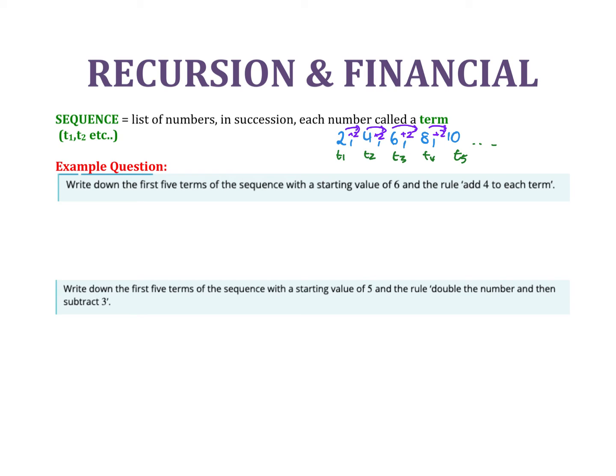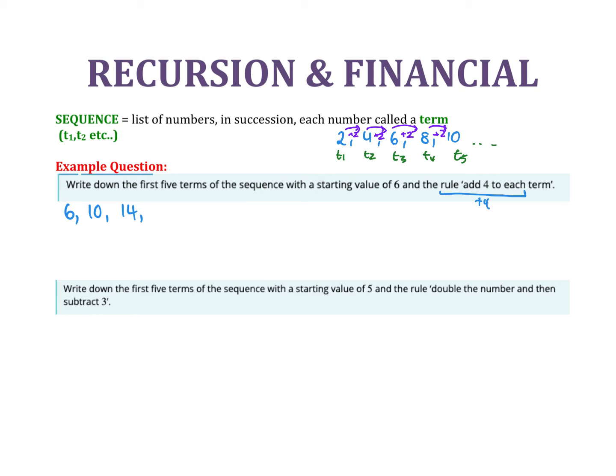It says write down the first 5 terms of a sequence with the starting value of 6. So your starting value is 6, and then the rule is to add 4 to each term. So what would the next one be? I've got 6, then 10, then 14.